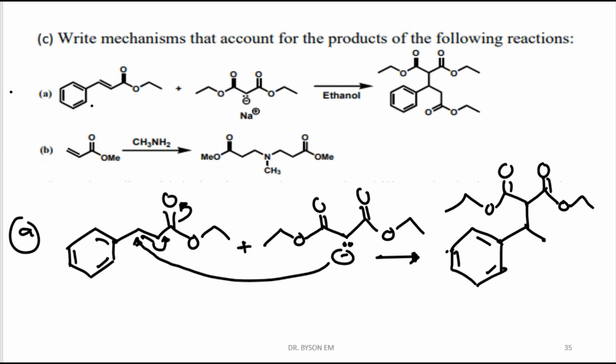Okay, and then this will be there. So carbon 1, 2, 3, 4.